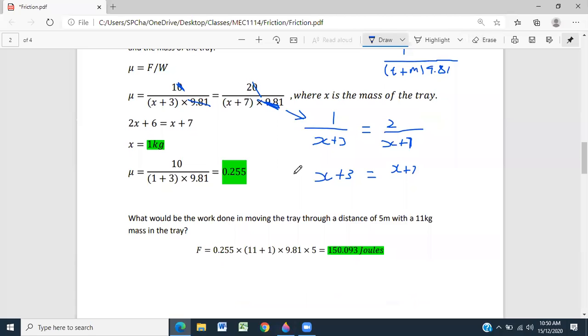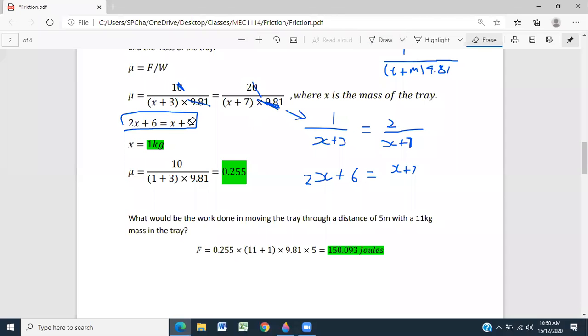Multiply by 2, 2 times x plus 3. Distribute. 2x plus 6 is equal to x plus 7, which is what we have here. Skip a few steps.